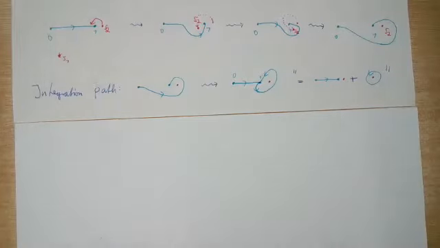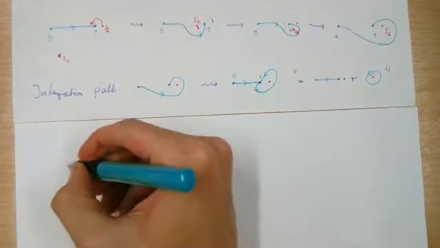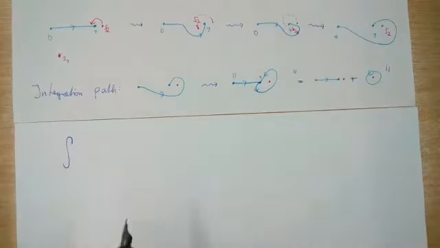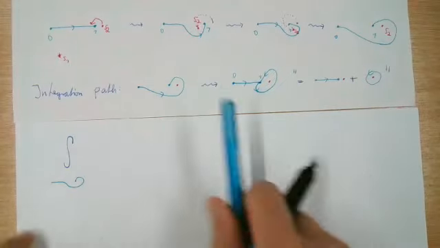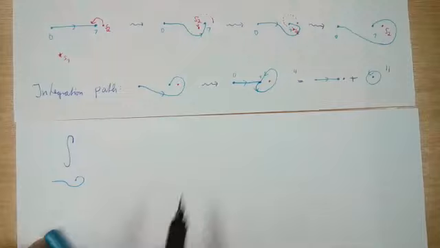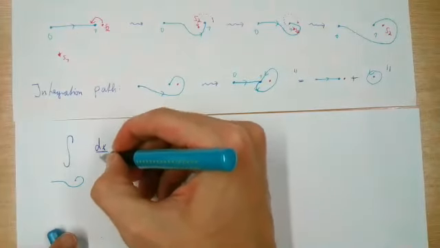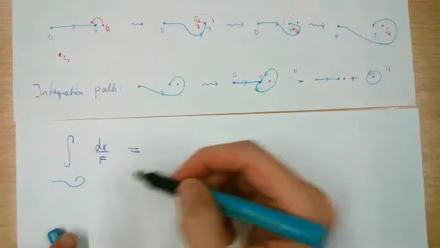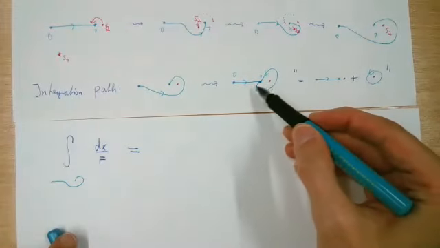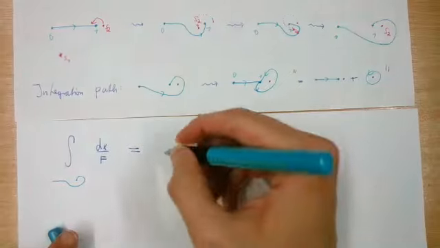So the point is that the integral now over this deformed path of our integrand dx over f is the same because it's a path integral. You can stop at any point. So we can stop at this point first and then add the integral over the rest.